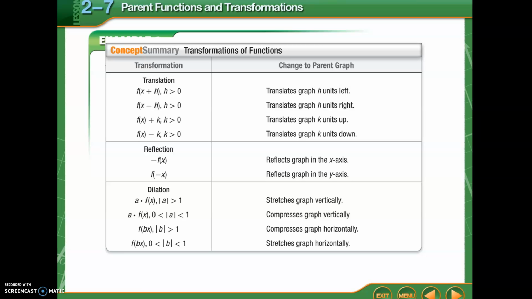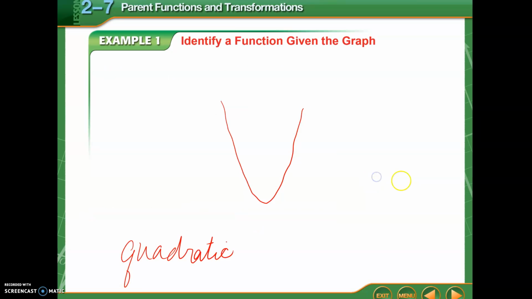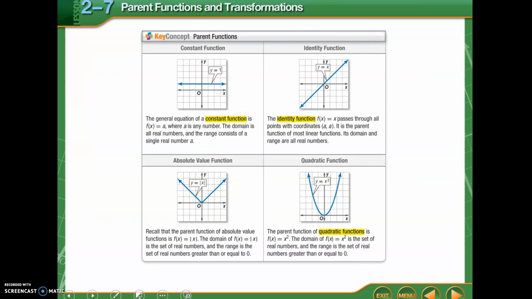So we start with those parent functions. This absolute value starts right at 0, 0, right at the origin, which is the vertex. Then it goes up 1 over 1, up 1 over 1 on the right side, and up 1 over 1, up 1 over 1 on the left side.